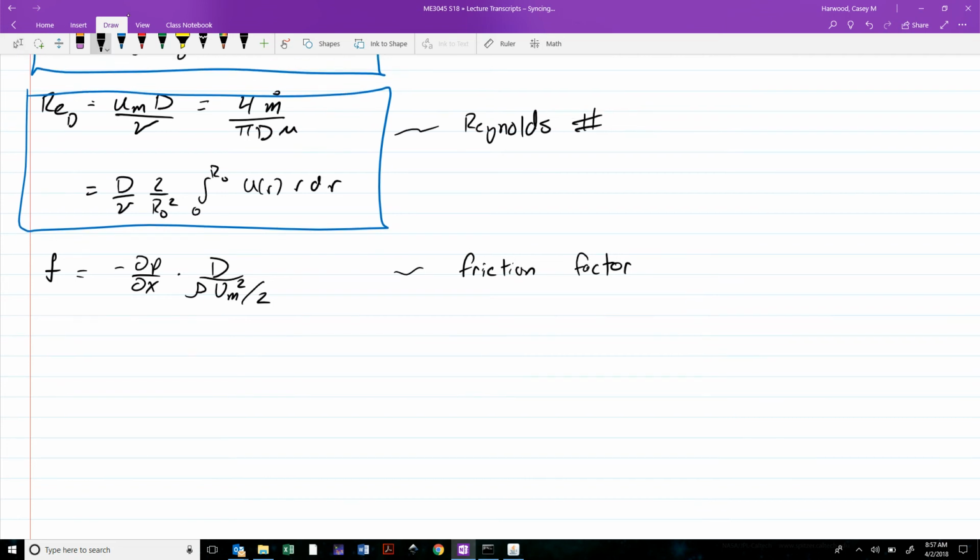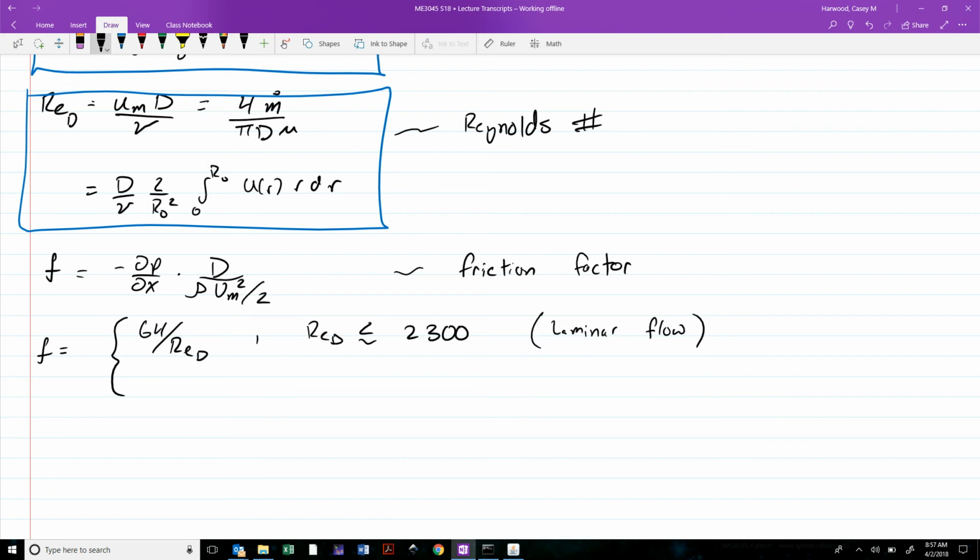So you get the friction factor from either the expression 64 over the Reynolds number. This is the case only if the Reynolds number is less than approximately 2300, which corresponds to laminar flow.